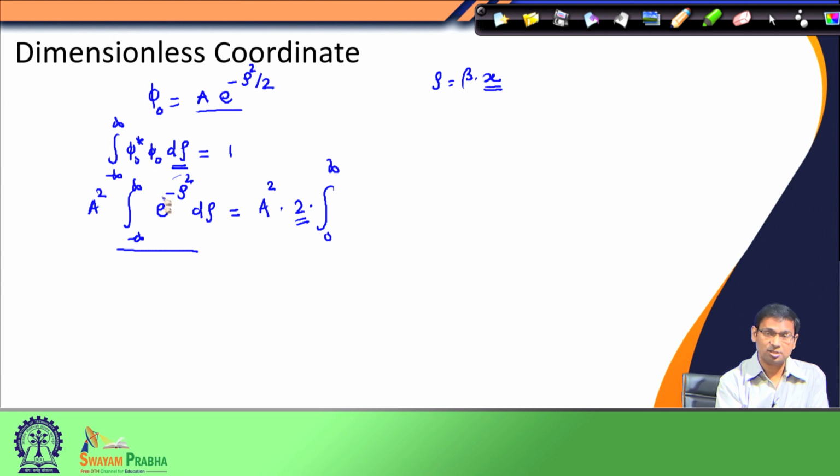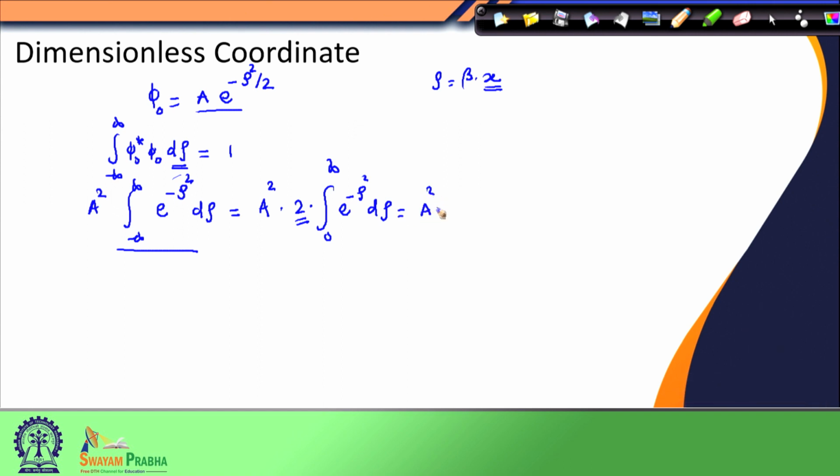So, this integration gives me twice the value of the integration from 0 to infinity of e to the power minus rho square d rho, and this value I know as half times the square root of pi. So, this has to be 1. Therefore, my a is going to be 1 by pi to the power 1/4.